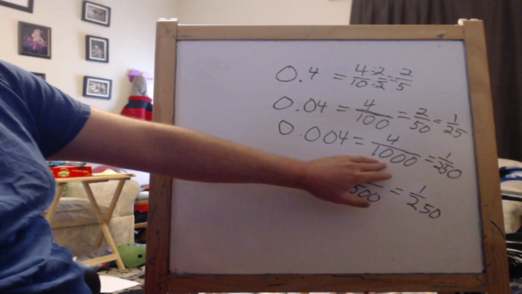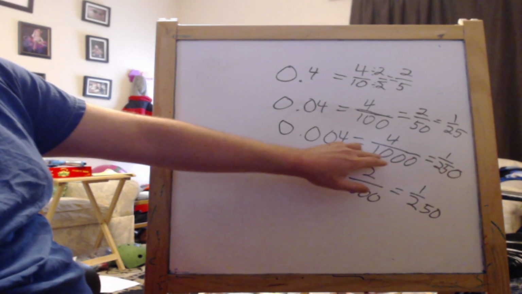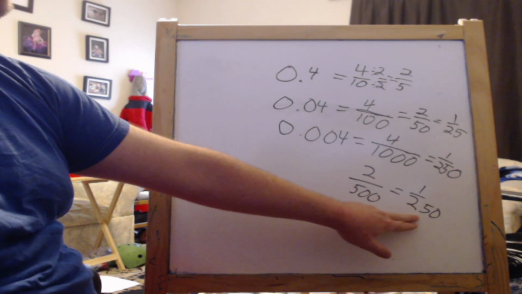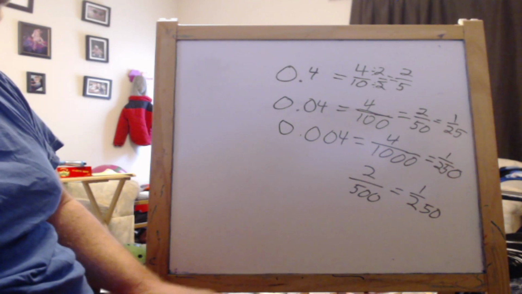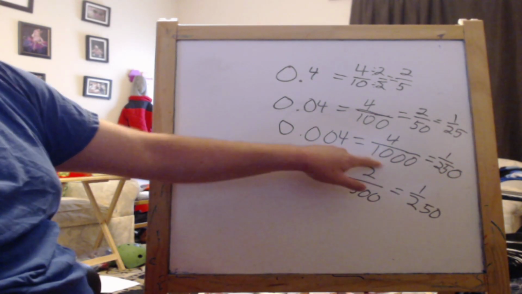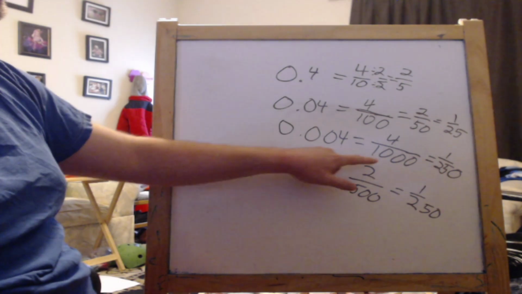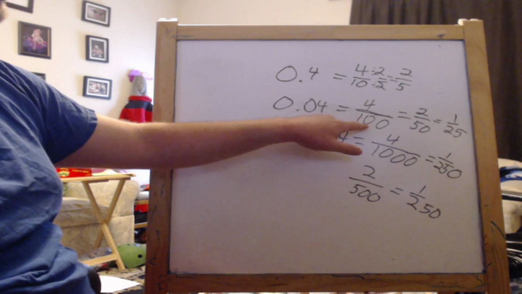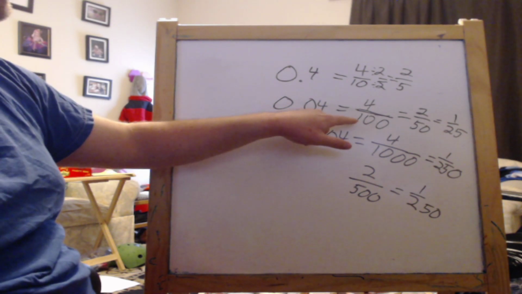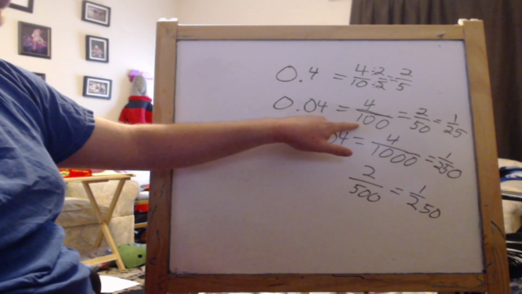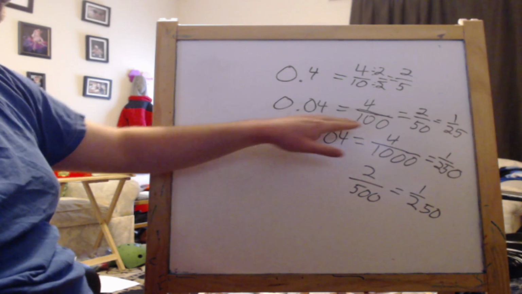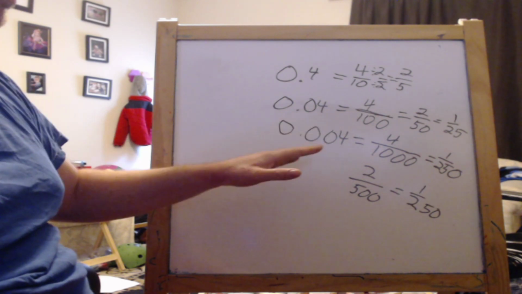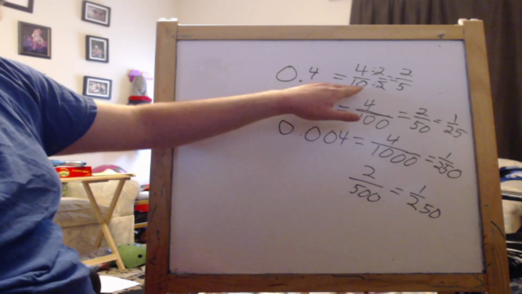But it's not exactly easy to put 1/250th into decimal form like it is to put a decimal into a fraction form. For you to put a fraction into a decimal form easily, the denominator has to be a power of 10.